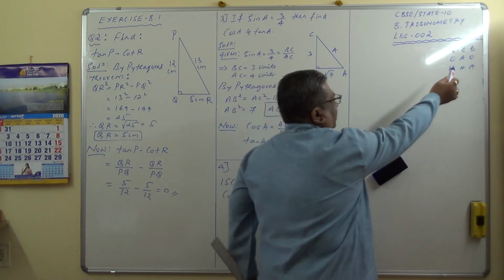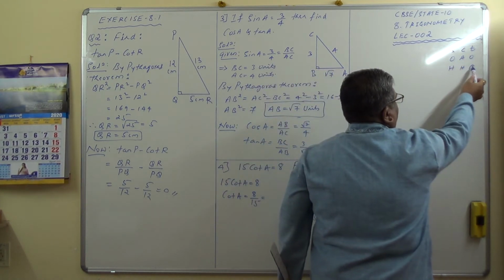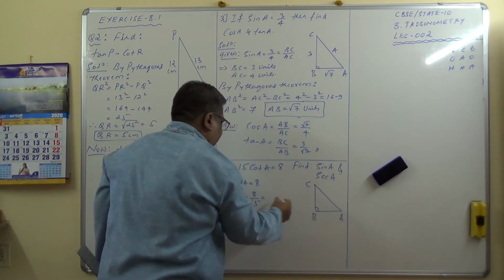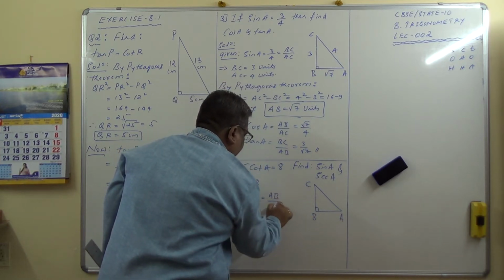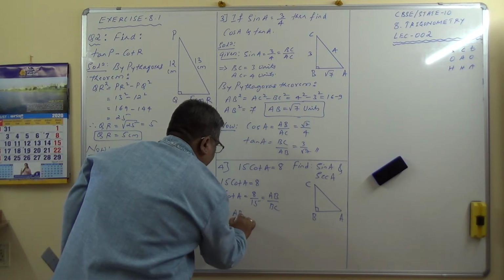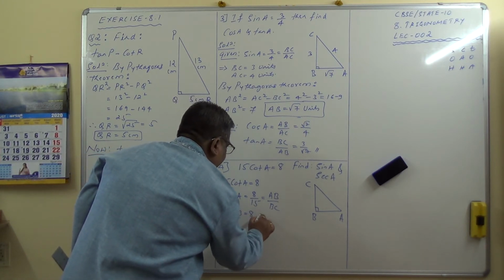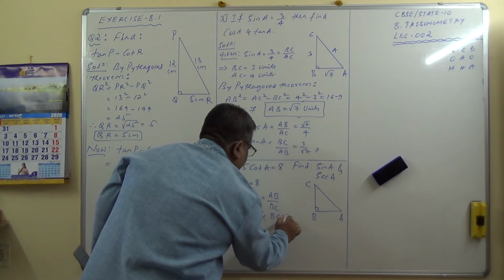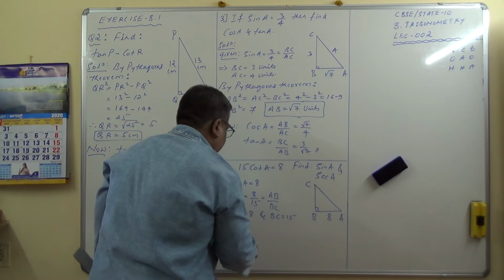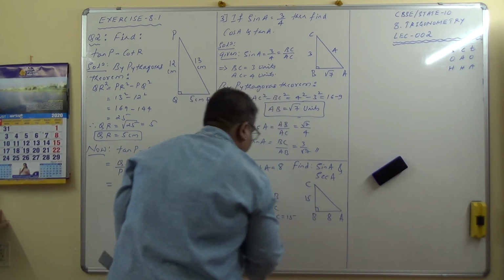Here, tan is opposite by adjacent, cot is adjacent by opposite, which is AB by BC. So AB equals 8 units and BC equals 15 units.